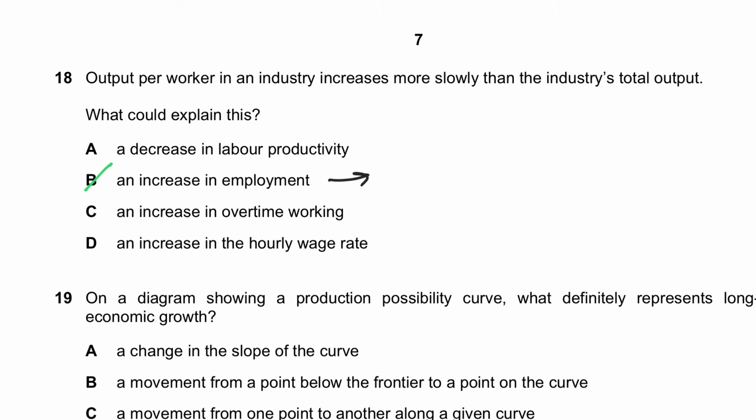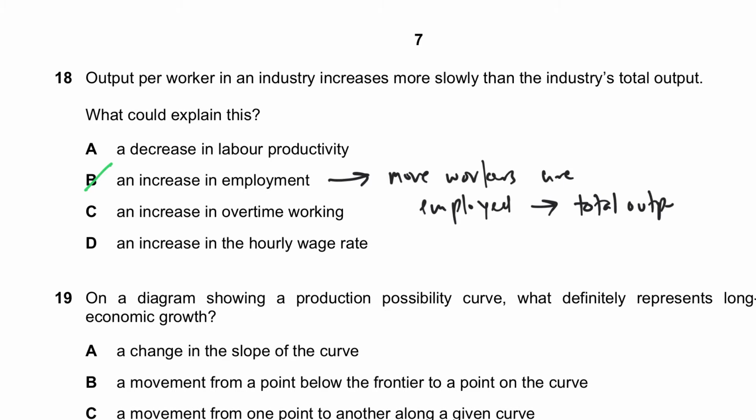More workers are employed, and this means the total output will go up. But when you find total output over the number of workers, because the number of workers is also going up, your output per worker may not go up as fast, and that's why B is the right answer.